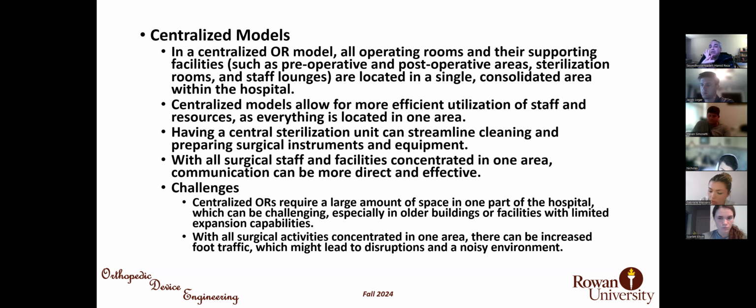For example, if you are performing an orthopedic surgery and you have a nerve or vascular injury, you have a vascular surgeon in the other room, and he or she can help you.